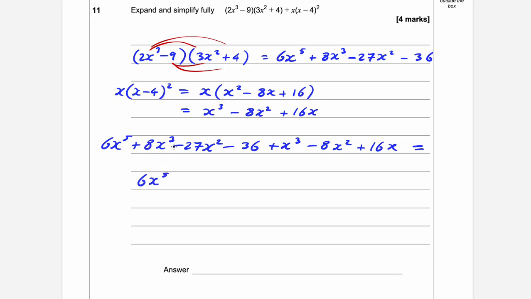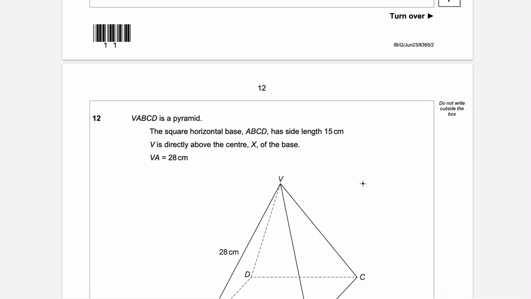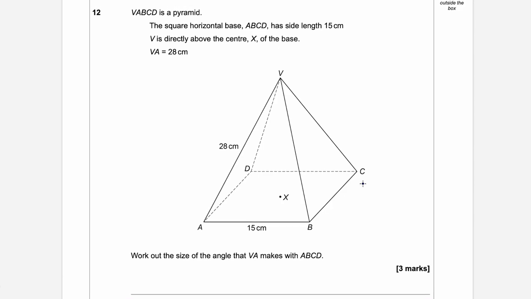I have an 8x cubed plus 1x cubed, that gives me plus 9x cubed. I have a minus 27x squared minus 8x squared is minus 35x squared. I have a plus 16x on its own and a minus 36 on its own. And that's it. That is it expanded and simplified. Question 12.